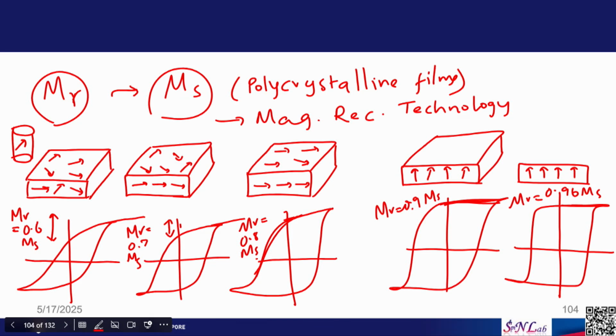If you look at the technology of longitudinal magnetic recording in the 1990s, for example, we can view the EZ direction in two different perspectives for the longitudinal sample.